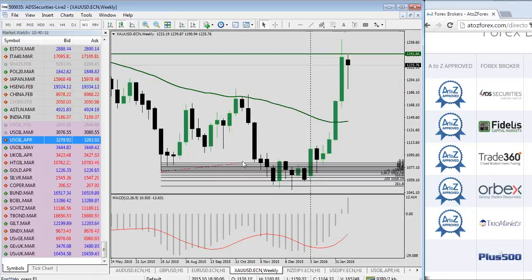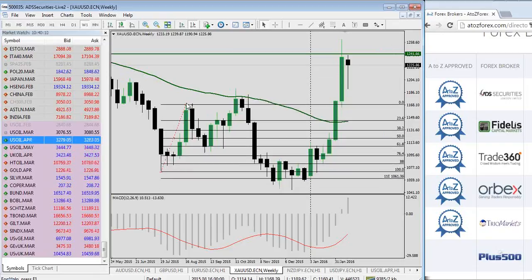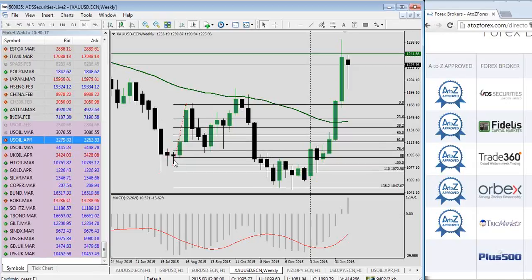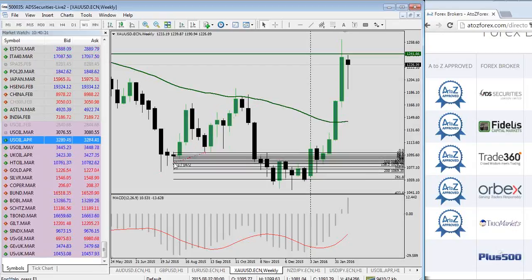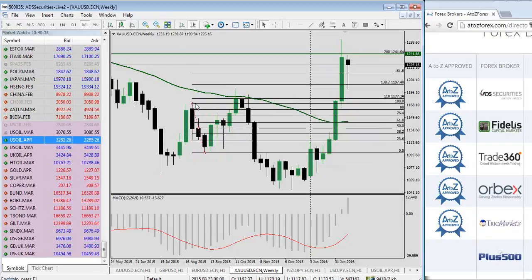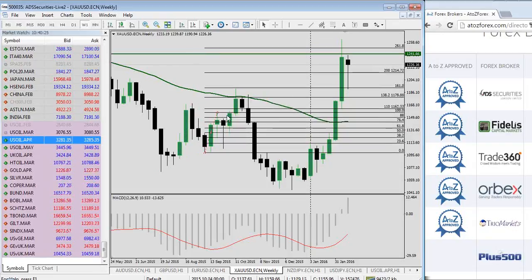Let me just show you more, and then we can finalize it here. So this is the wave, 138, 100%, and you can see that after the 100% was hit, it reversed back.